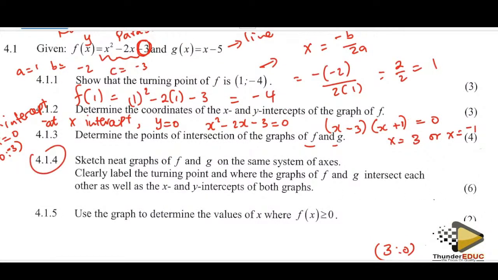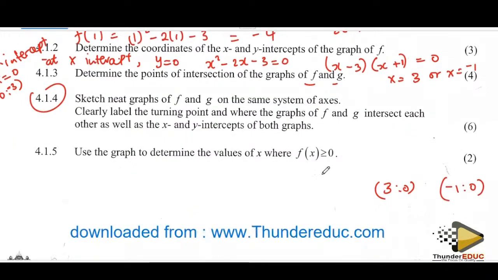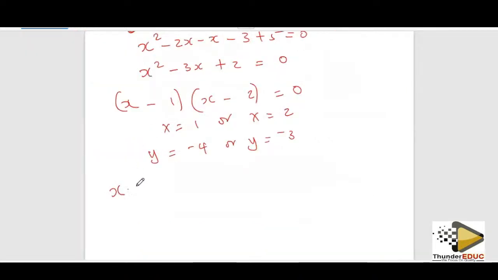4.1.4. They want us to sketch f and g on the same set of axes. We must show the intercepts and all of that. So one thing we need to know, we don't have the intercepts of g.